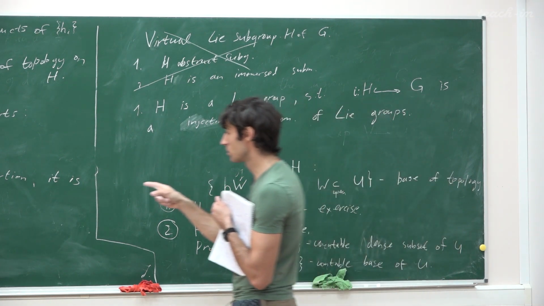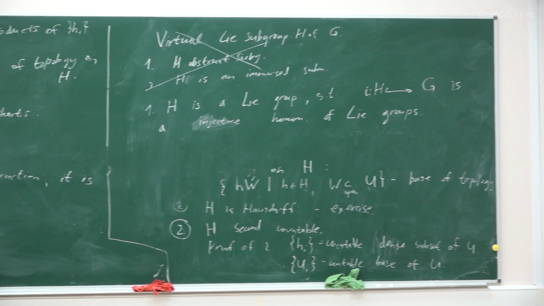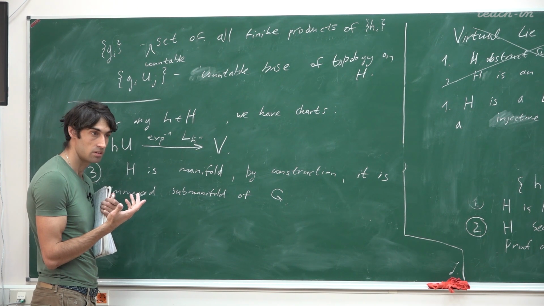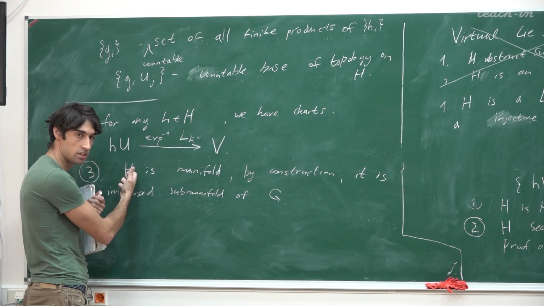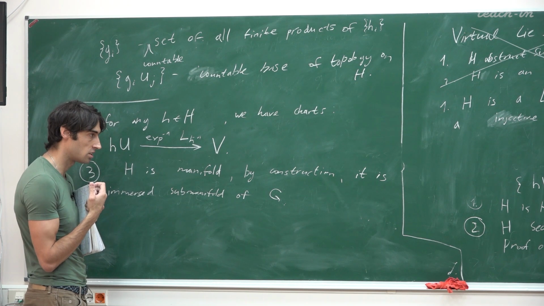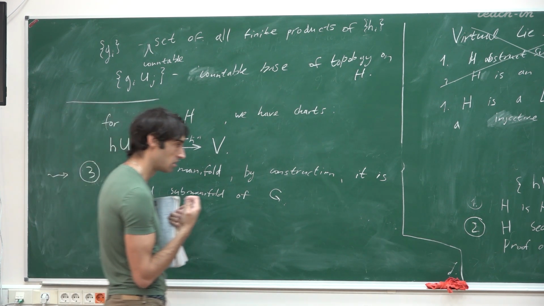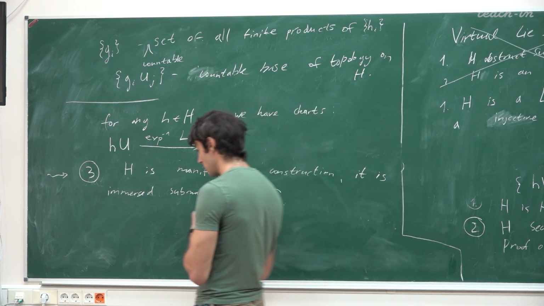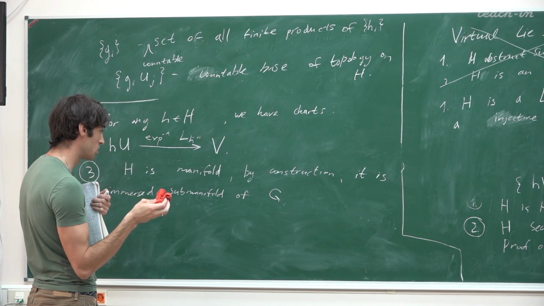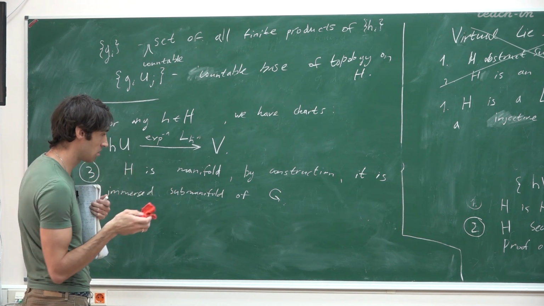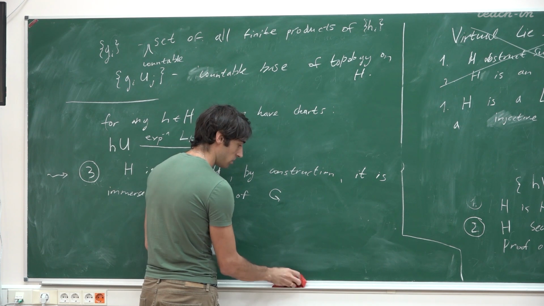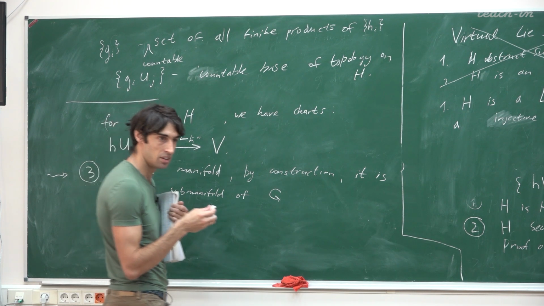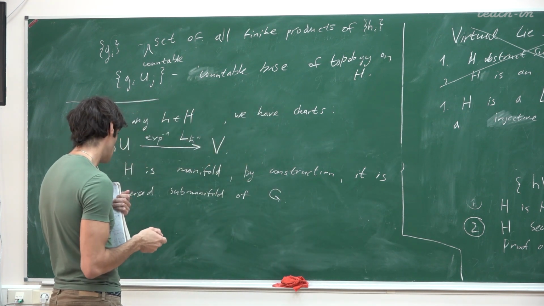So I should not stop here, but rather I should see that H is a Lie group itself. Okay, it has multiplication already, so I should check that this multiplication is smooth. Inversion is also, the smoothness of inversion can be checked similarly, or sometimes, I don't know if you checked or not, smoothness of multiplication is actually enough to check that something is a Lie group.